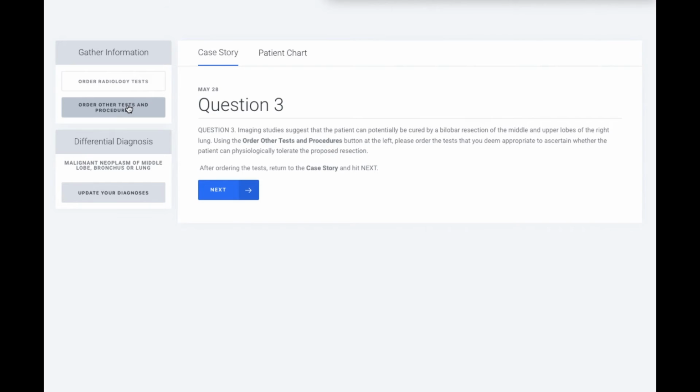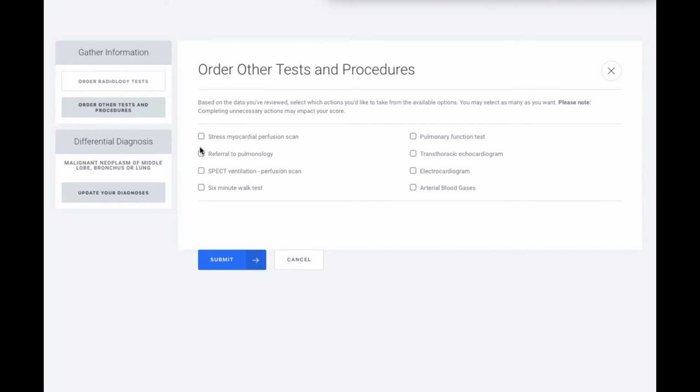In the last question, the examinee is asked what tests they would order to determine whether the patient has sufficient pulmonary reserve to tolerate the possibility of a bilobar resection, since imaging suggests that the right upper lobe may be involved as well.